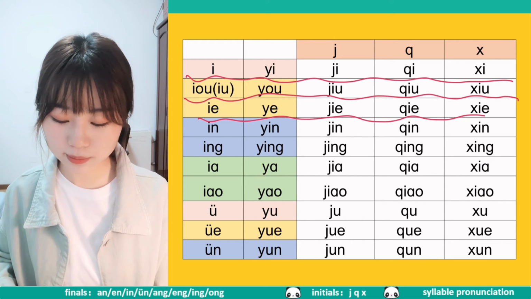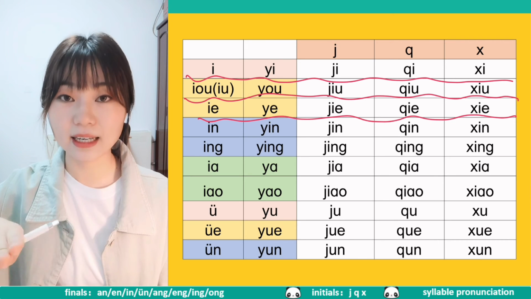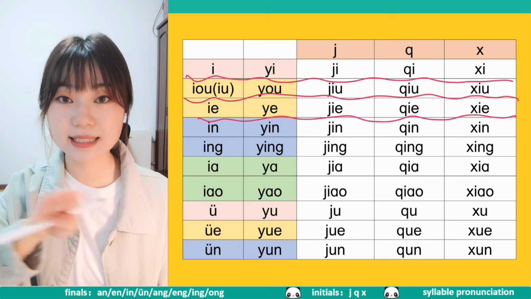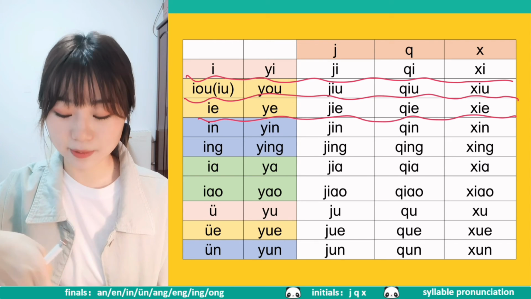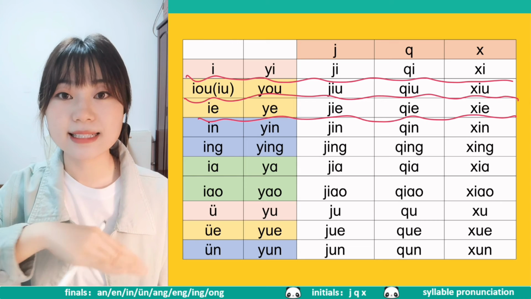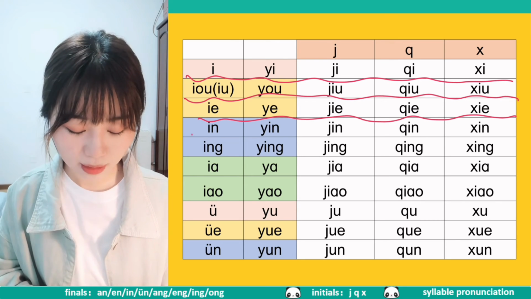And the next one, jie, jie, jie, jie, qie, qie, qie, qie, xie, xie, xie, xie.